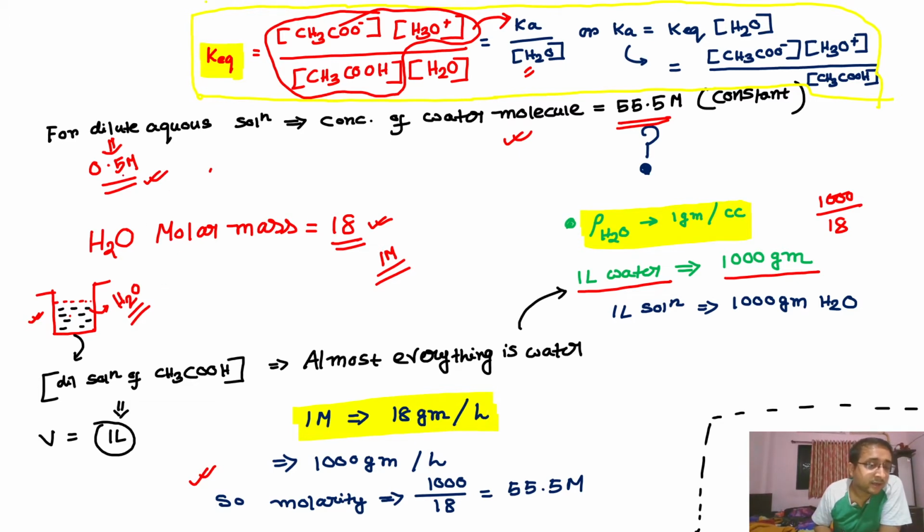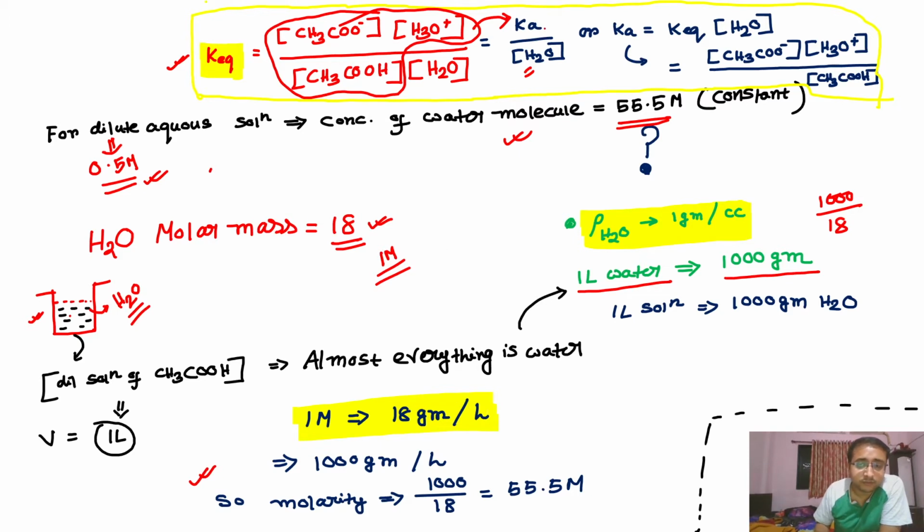But as the concentration of acetic acid is very low, we can assume that everything in this beaker is water molecules only, and accordingly we can do these calculations.